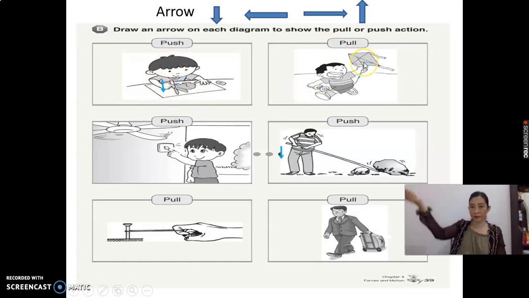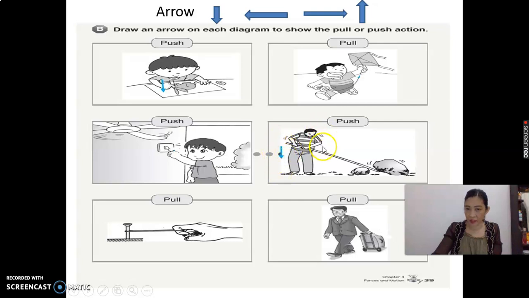Number 2. So where is the arrow? Number 3, push. Where is the arrow? Draw the arrow. Number 4 already has an answer. This is the answer.